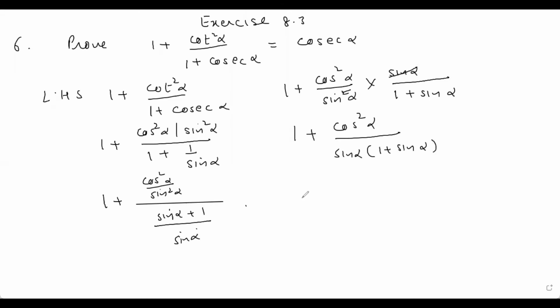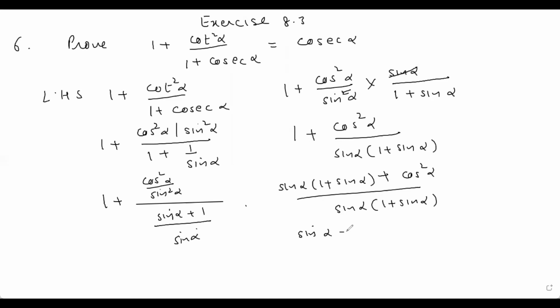Now, sin alpha, 1 plus sin alpha is the LCM. I'll have sin alpha, 1 plus sin alpha plus cos square alpha in the numerator. Now this is equal to sin alpha plus sin square alpha plus cos square alpha upon sin alpha, 1 plus sin alpha.